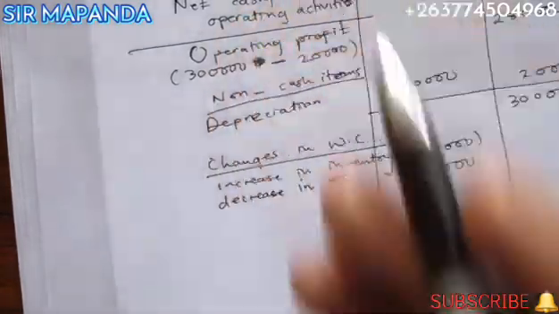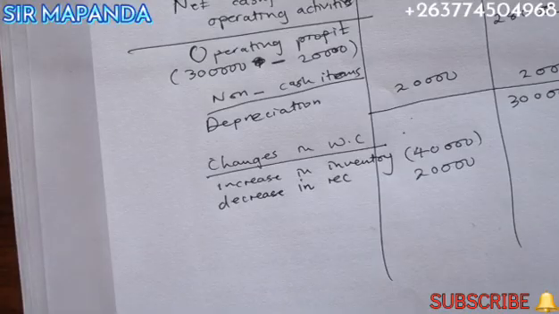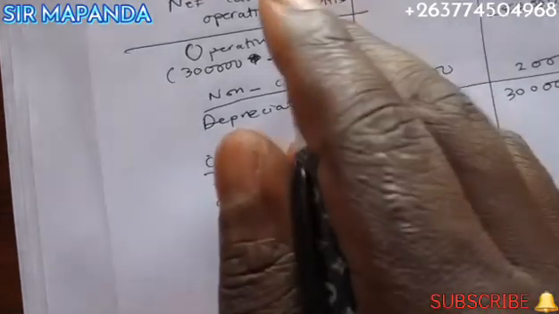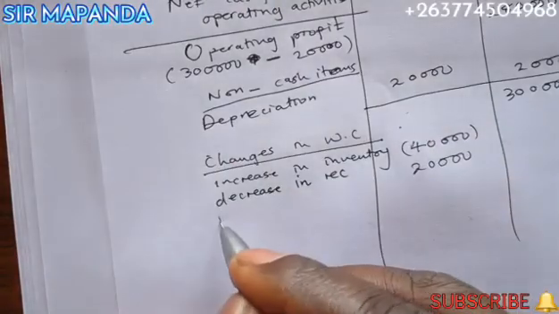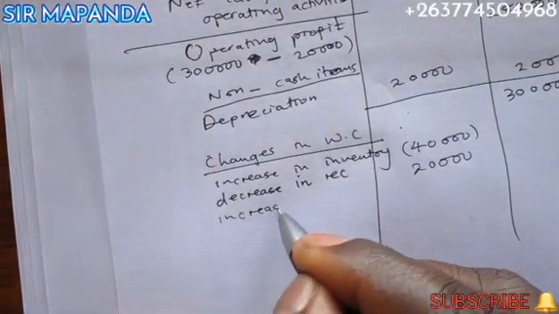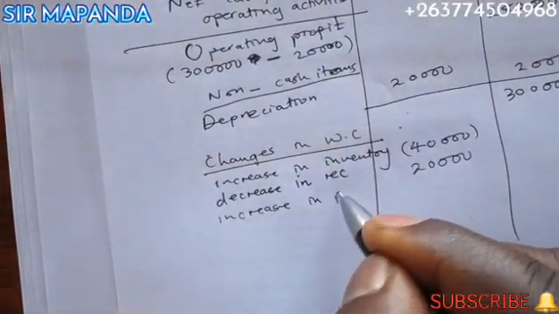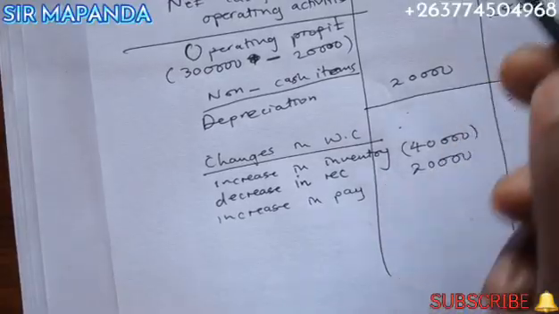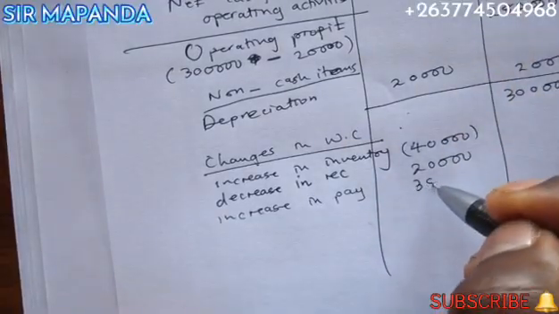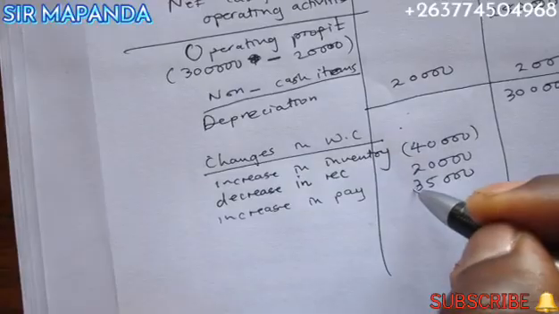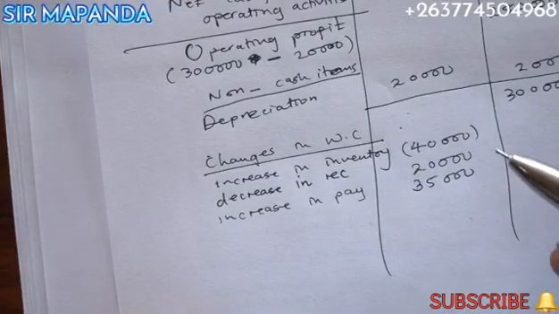Then the increase in bank is not recorded under changes in working capital, but at the last section of the cash flow statement. Increase in payables, we need to consider this one. It means the business has obtained funds by borrowing, so this is cash inflow.